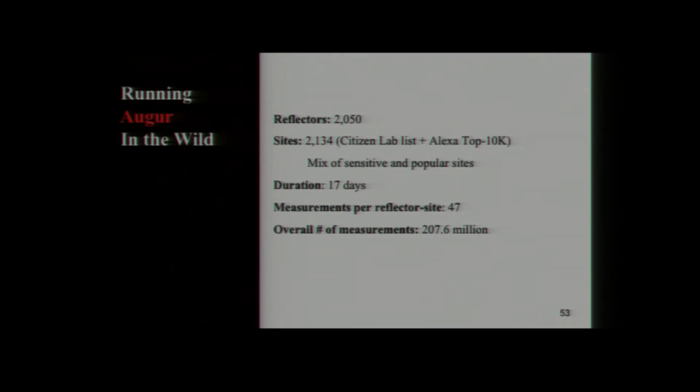We borrowed around 10,000 websites from them, and we added thousands of websites from the Alexa top 10K, randomly selected. So we had these sites that we wanted to see from these 2,000 reflectors globally, to see whether they are being blocked by TCP/IP. We ran the measurement for 17 days, and we looked into the data.